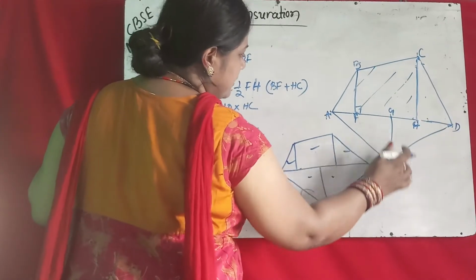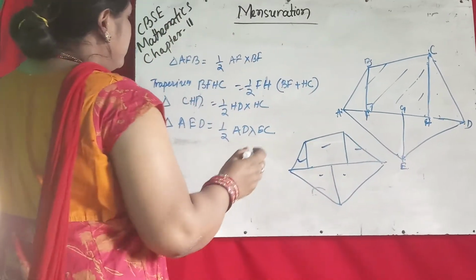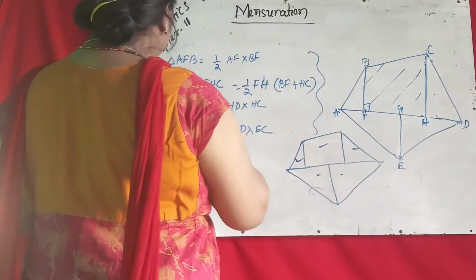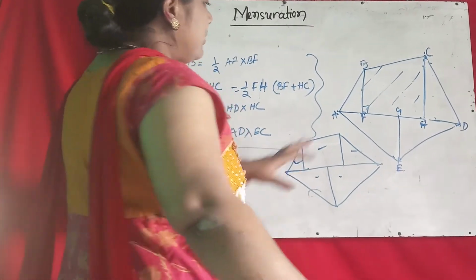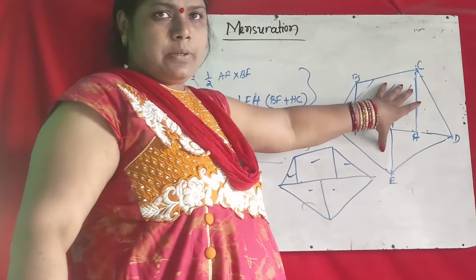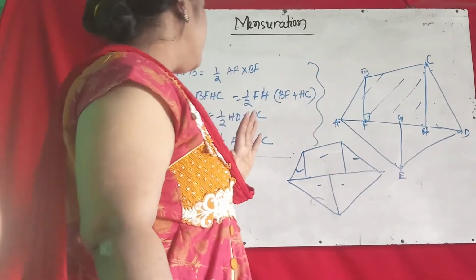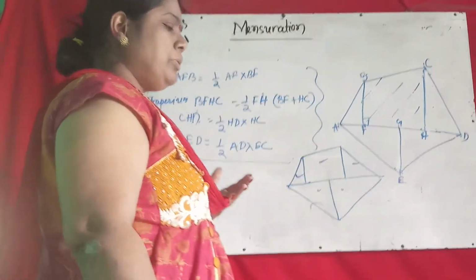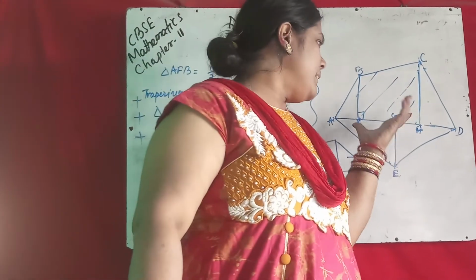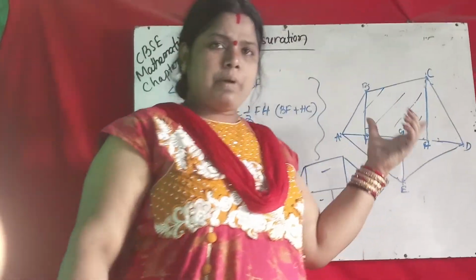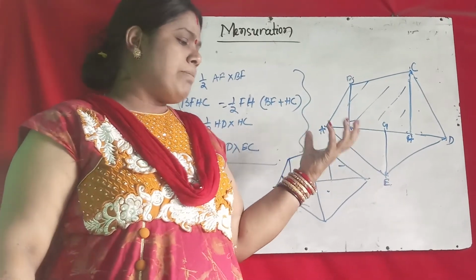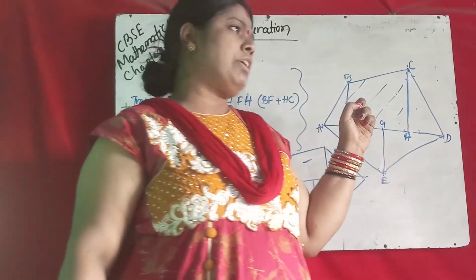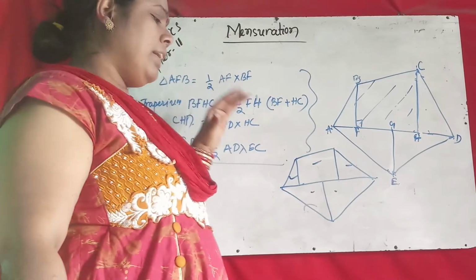You have to add these four: this plus this plus this. Then you will get the total area of this polygon. If any other polygon is given, try to divide the figure into parts, such as triangles, trapeziums or rectangles, and by using these formulas we can find the area of the complete figure.